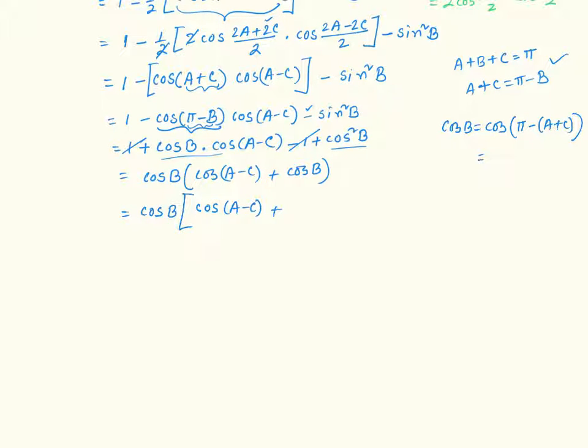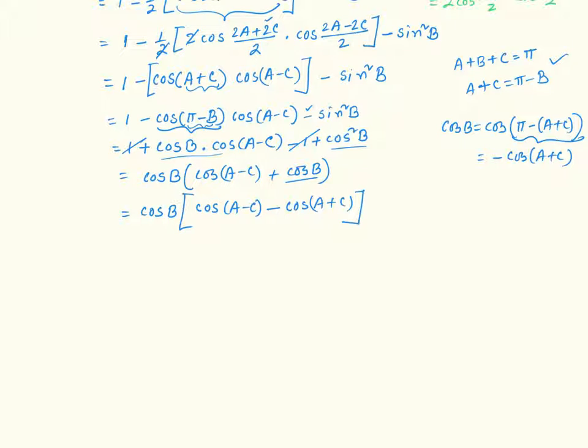So that's going to give me minus cosine of A plus C, because it's in the second quadrant, right? So instead of cosine of B, I'm going to write minus cosine of A plus C. So this is going to be technically a minus. So minus cosine of A plus C. Now I can simplify these two.